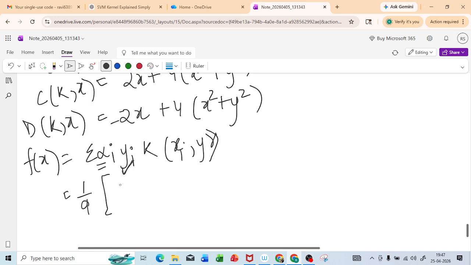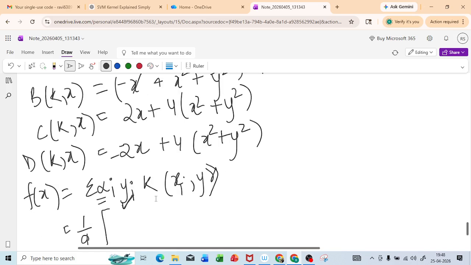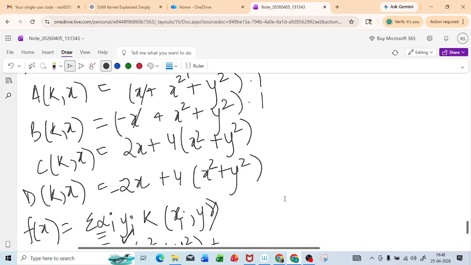So for point A and B, this becomes plus, so this is into 1, in which case this cancels. So eventually here we have 2 of x square plus y square, which is fine. But if you look at this, this becomes minus, so this is into minus and this is into minus.